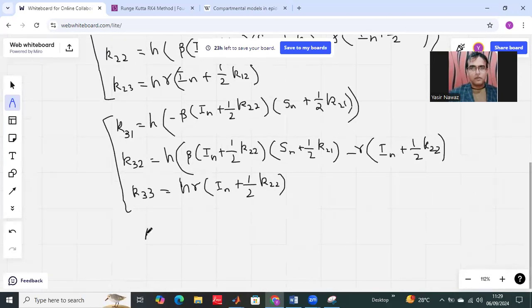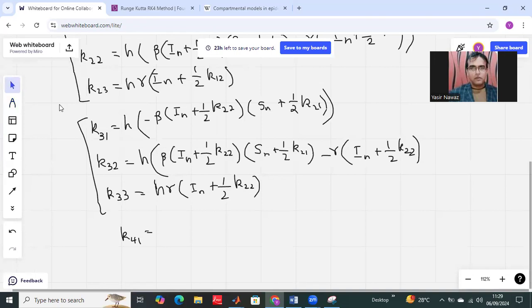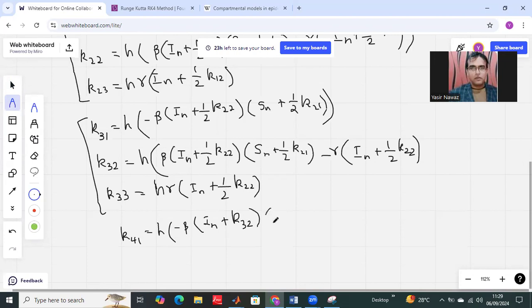So the fourth stage would be K41, In plus K32, then Sn plus the previous component for susceptible, which is K31. I write 31. And then K42.